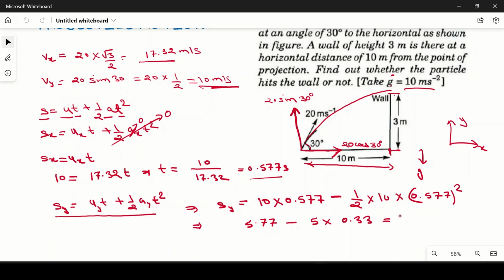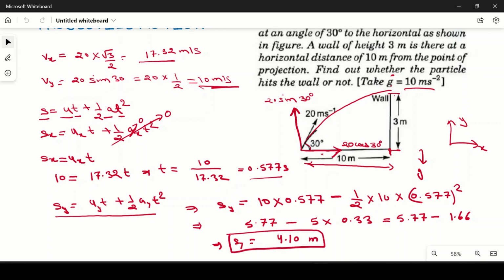This will become 5.77 minus 1.66. So in the vertical direction, displacement Sy is equal to 5.77 minus 1.66, which is equal to 4.10 meter.